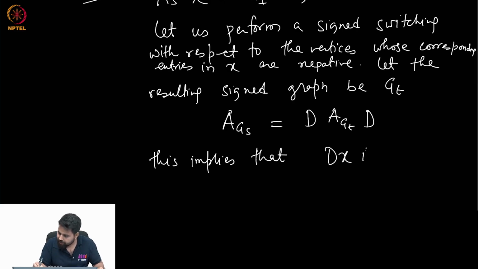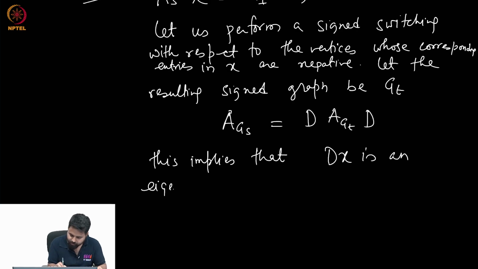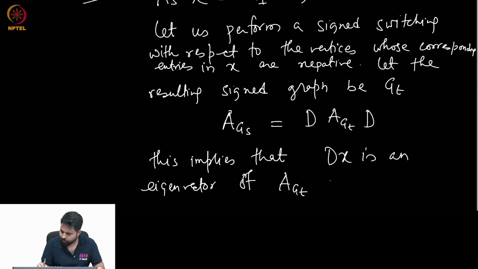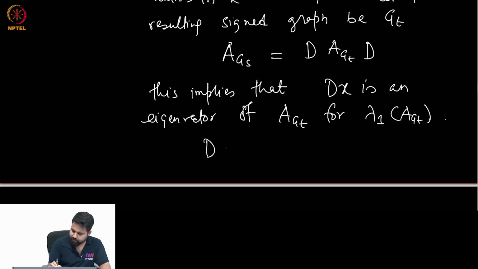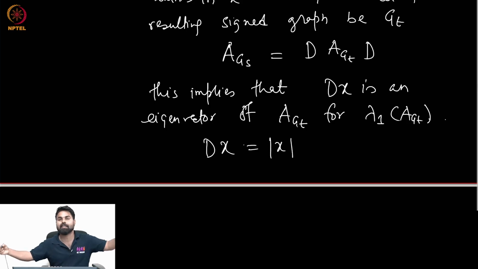DX is an eigenvector of A of GT for lambda 1 of A of GT, because lambda 1 of A of GT is the same as lambda 1 of A of GS since the eigenvalues are the same. But DX is nothing but mod X, because we are choosing D with negative entries corresponding to those, and we are also switching with respect to negative entries.